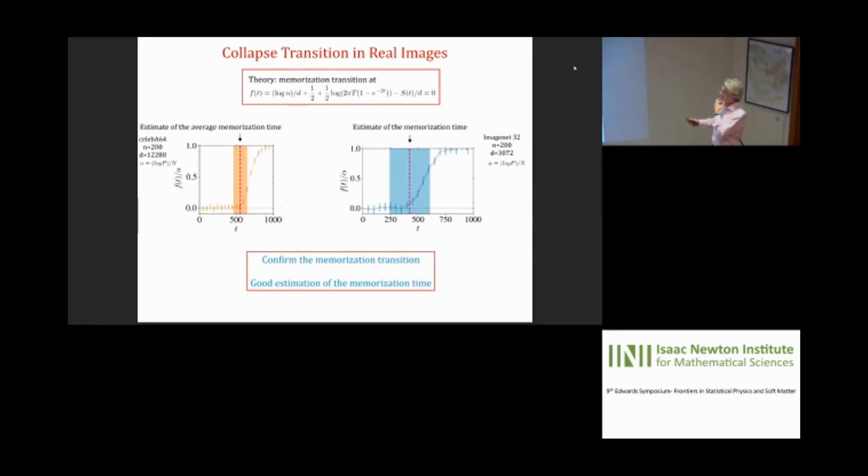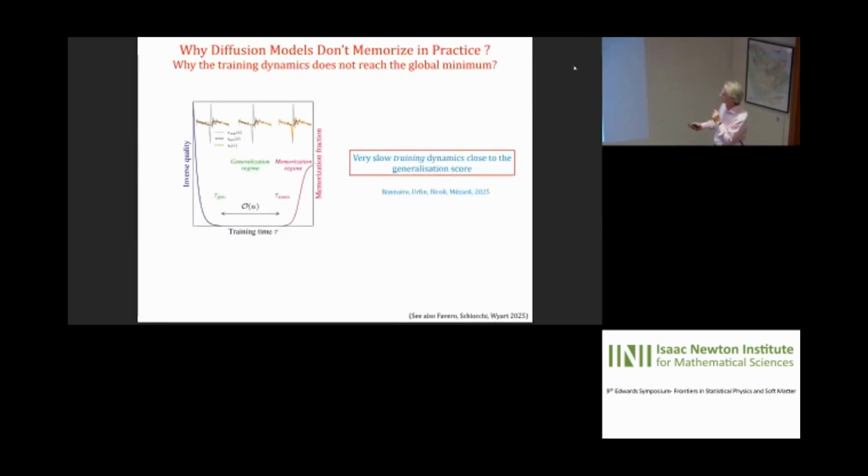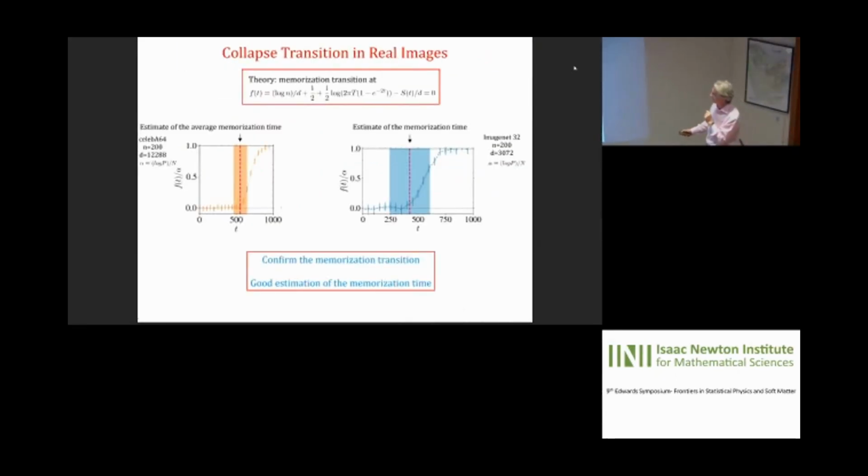Now there is one important thing. In this case, we are considering very few data, and with very few data, the system will always memorize. Now, in practice, the systems don't memorize. They use a lot of data, and they generate new data.